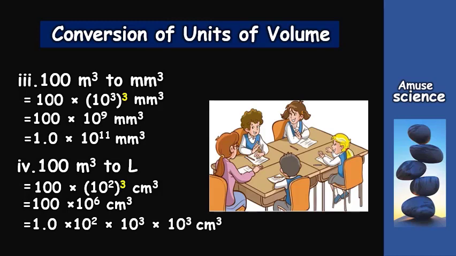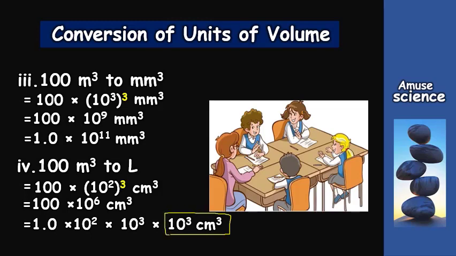That is for the 100. Then splitting the 10 exponent 6 into 2, we are going to have 10 exponent 3 times 10 exponent 3. And this is still in centimeter cube. Now we know that 10 exponent 3 centimeter cube is the same as the liter.